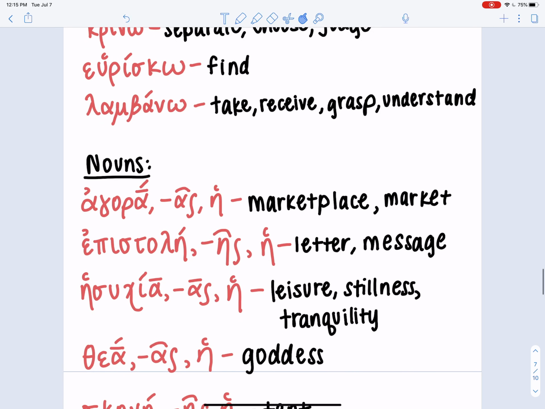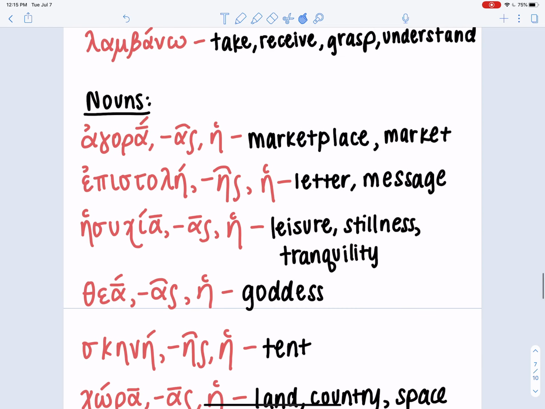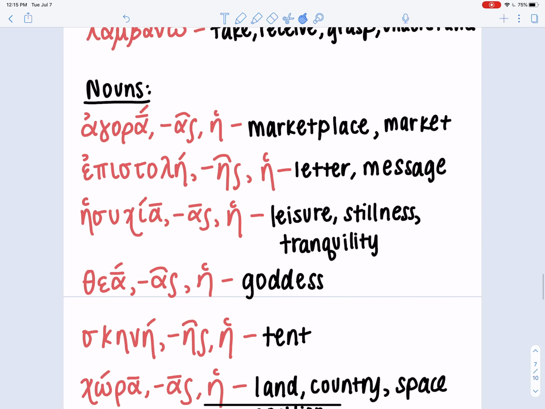Okay, for our nouns, we have agora, which is a long alpha stem. So for nouns, the dictionary entry is going to look like the Greek equivalent of what we would normally consider a dictionary entry in Latin. So we have still the nominative, and then we have the genitive singular, or at least the genitive singular ending when you're writing it, if you just want to write that, and then the gender.